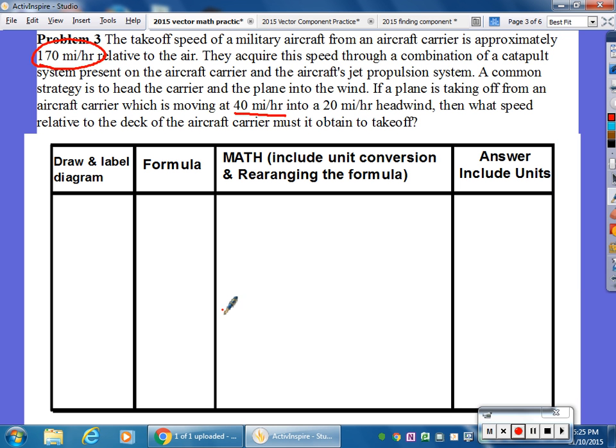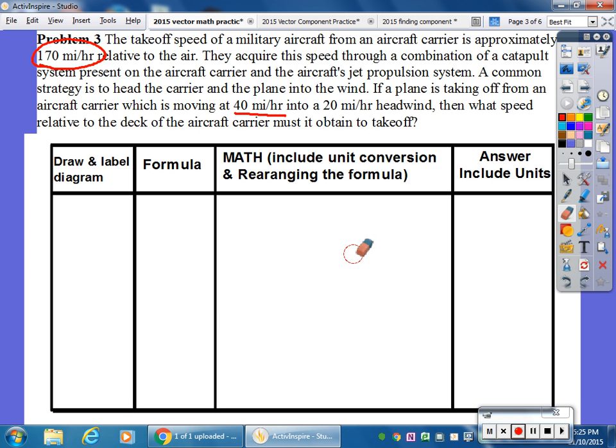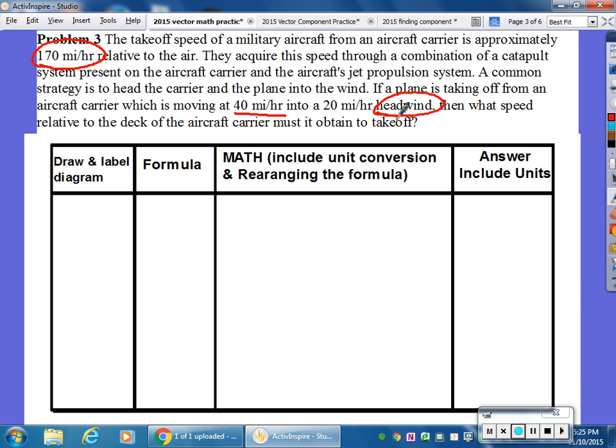to move with a vector of 40 miles an hour. And he will turn the boat into the wind so that you have a headwind, creating some more lift, of 20 miles an hour. So essentially you get the vector of the boat going 40 miles an hour, and then the vector of the headwind going 20 miles an hour.